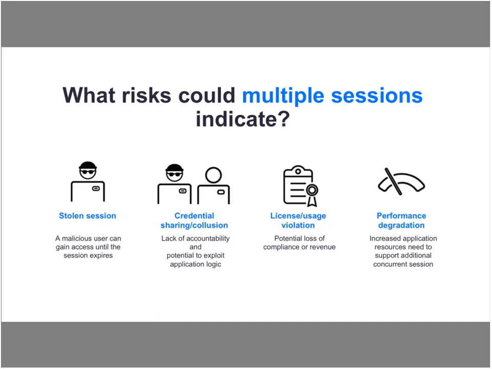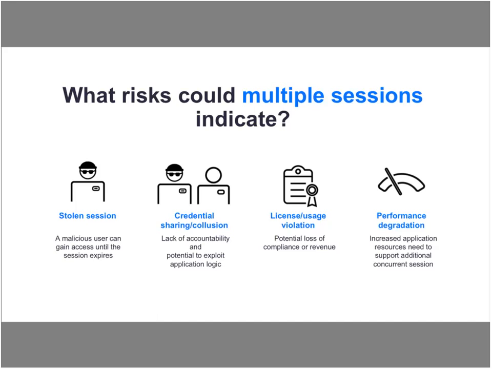An attacker has a session and they can do things in the name of that user until that session expires. So you want to limit the risk of that happening or the damage that could occur.